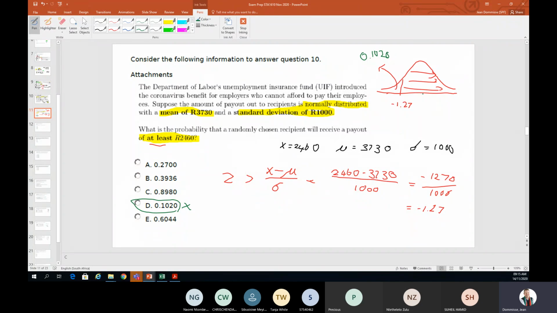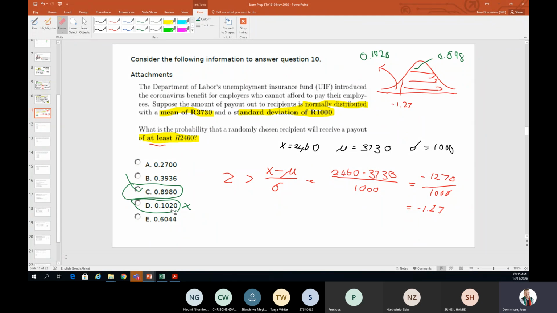So 1 minus 0.1020, which is 0.898. Finally, we have C as your option.